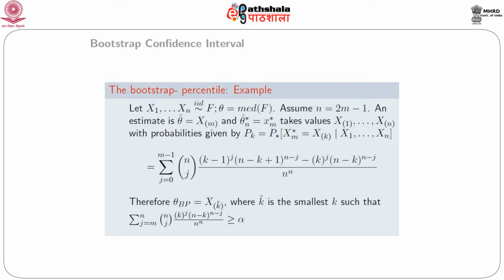Xm star is equal to the order statistic X(k) given X1 to Xn, which is the sum over j from 0 to m minus 1 of mCj times (k minus 1) to the power j times (n minus k plus 1) to the power (n minus j), minus k to the power j times (k minus 1) to the power (n minus j), divided by n to the power n. Therefore, theta under hat BP is X(k tilde), the order statistic, where k tilde is the smallest k such that the sum over j from m to n of nCj times k to the power j times (n minus k) to the power (n minus j), divided by n to the power n, is greater than or equal to alpha.